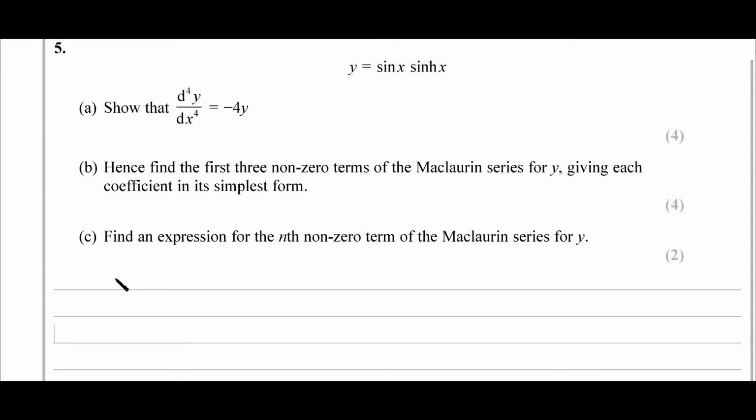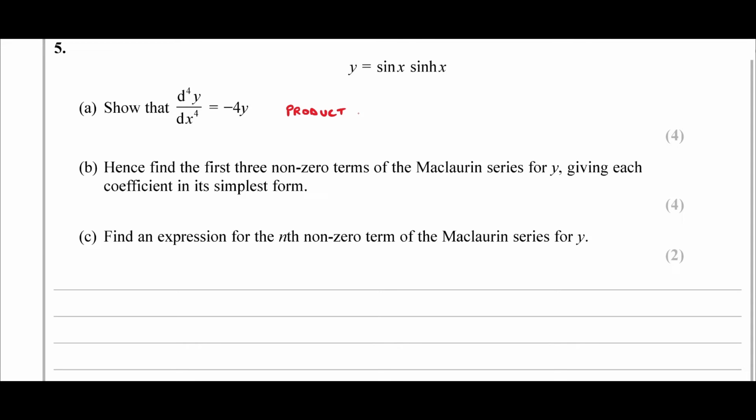Question 5. We have y, which is equal to sin x multiplied by sin x, and we have to show that for part A, d4y over dx to the 4 is equal to minus 4y. Well, to do this question, we would have to use the product rule, and reminding ourselves of what the product rule is, we'll just write it here.